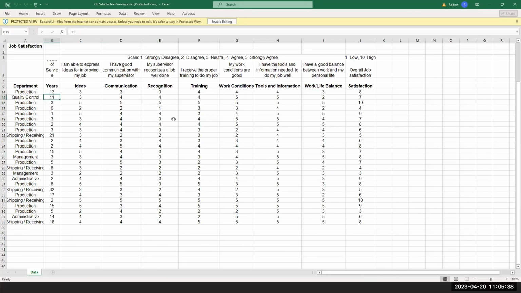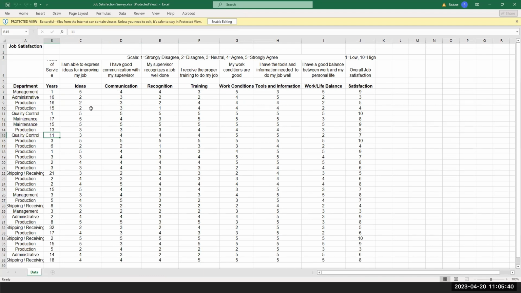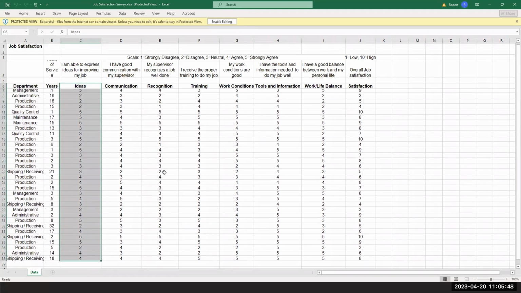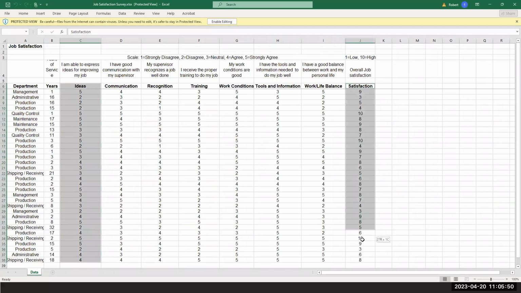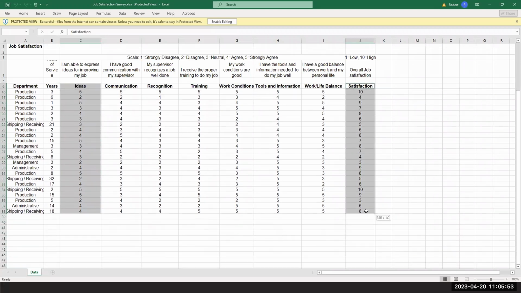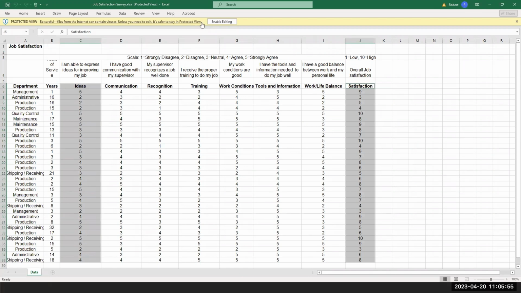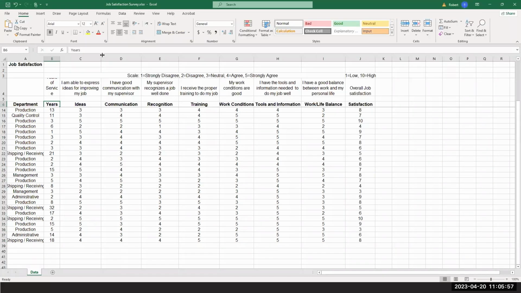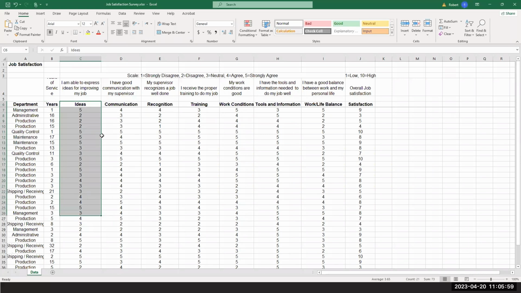All right, so we've got some data here we can look at. So let's say we wanted to look at ideas and satisfaction, and see what that does in a scatter plot. Let's do that again.